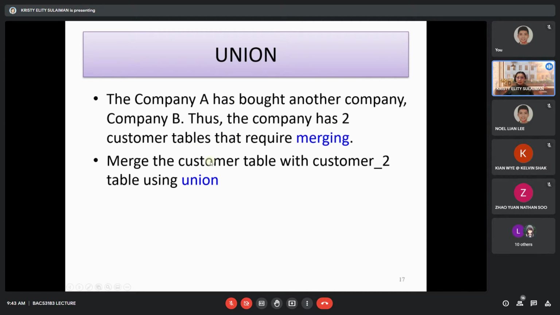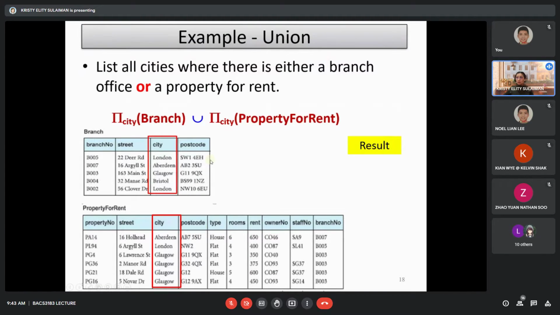So let's look at an example of a union operation according to the Dream Home database. To produce union compatible relations, we will first use a projection operation to project the branch and property for rent relations over the attribute city.